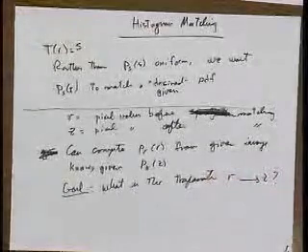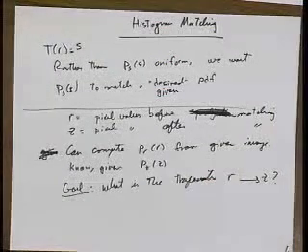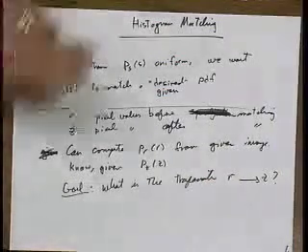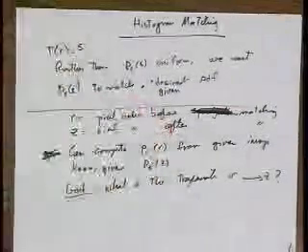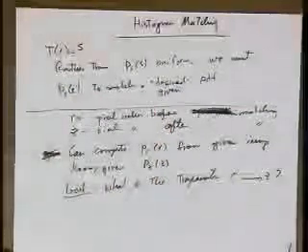Once again, and this might sound a little bit surprising to you, I'm going to build the CDF for R, and I'm going to build the CDF for Z, and then do the matching in the CDF domain. Let me expand on that in a little more detail. I'm going to build S as T of R, which is the integral from 0 to R of P sub R of W dW.